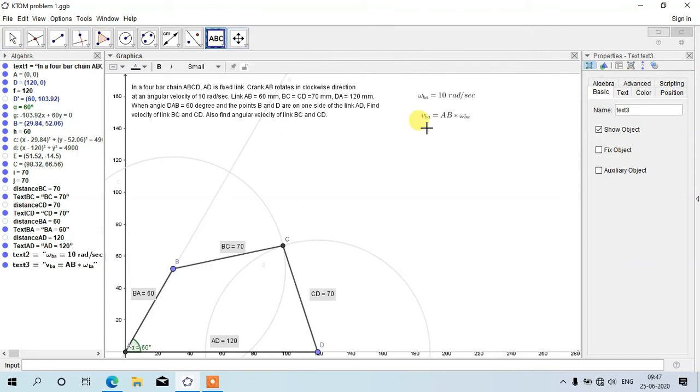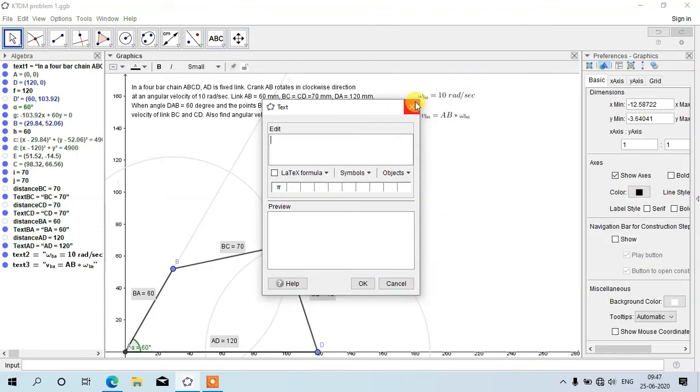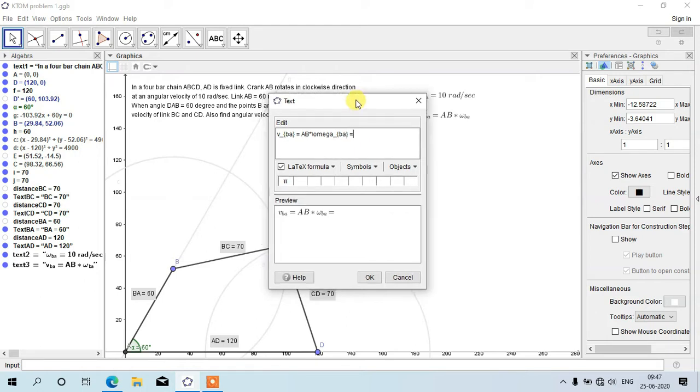So if we calculate this velocity, the length of the link is 60 mm and the angular velocity given to us is 10 radian per second, which is equal to 600 and the unit will be mm per second.